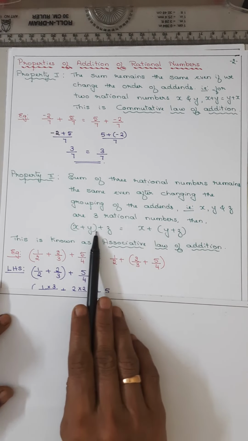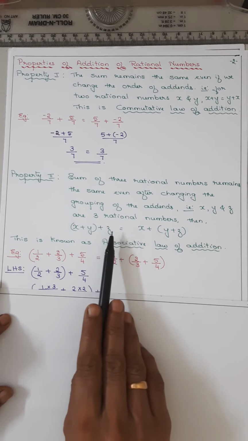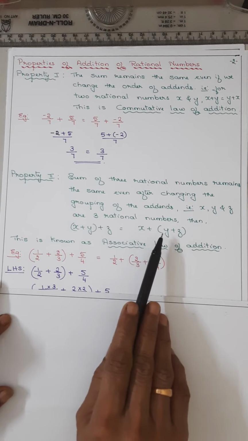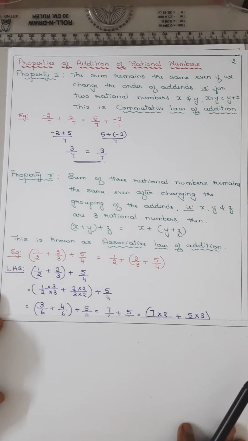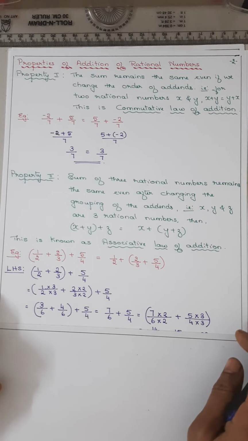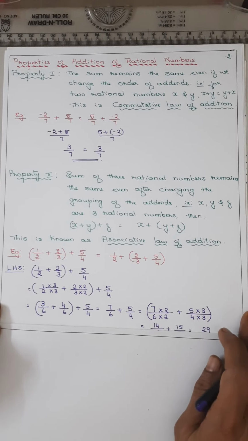Meaning first add the first two, then add the third one. It should be equal to adding the second and third and then adding the first. The answer remains the same. This is called the associative law of addition.